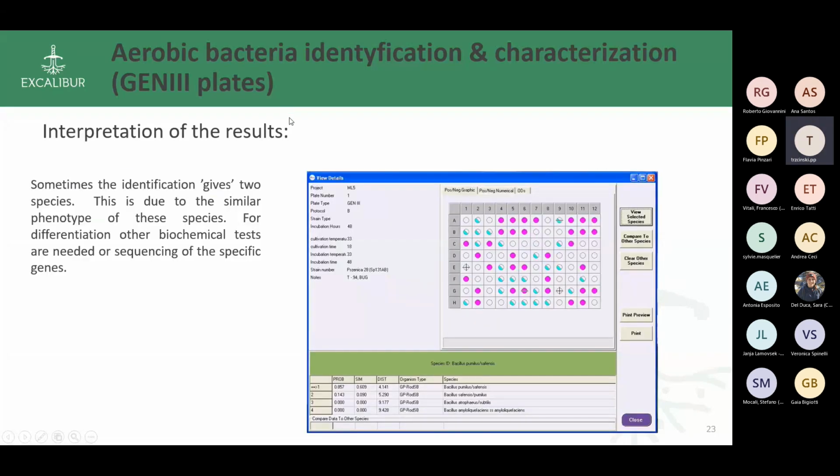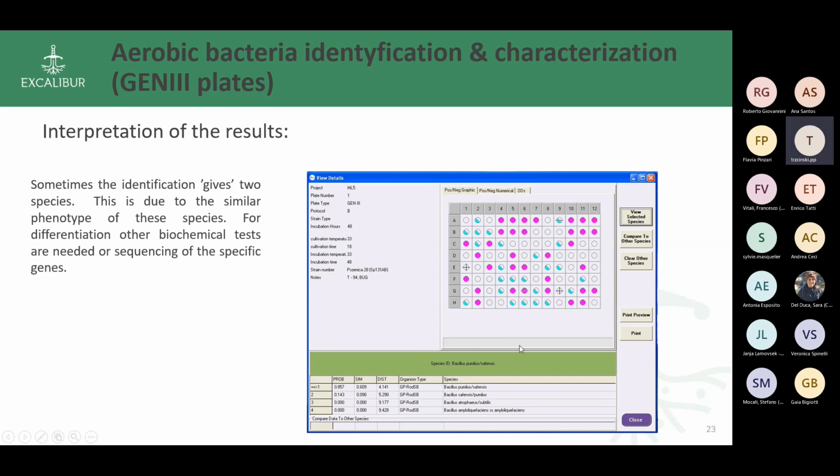Okay, yes. So, interpretation of the results. Sometimes the system will give you this kind of information, that your isolate is probably, in this case, Bacillus pumilus or safensis.